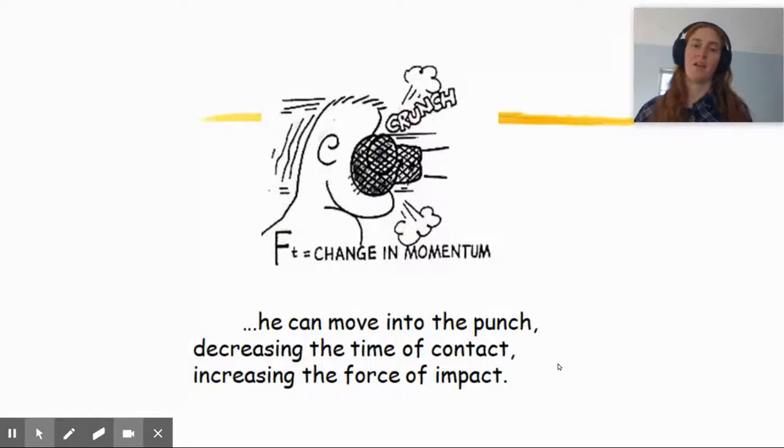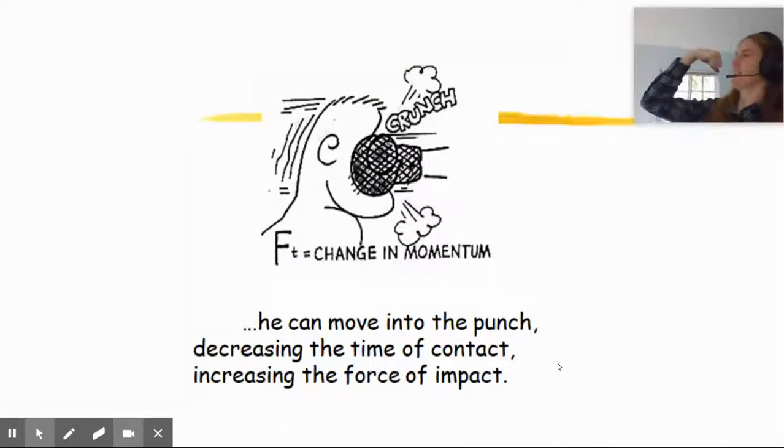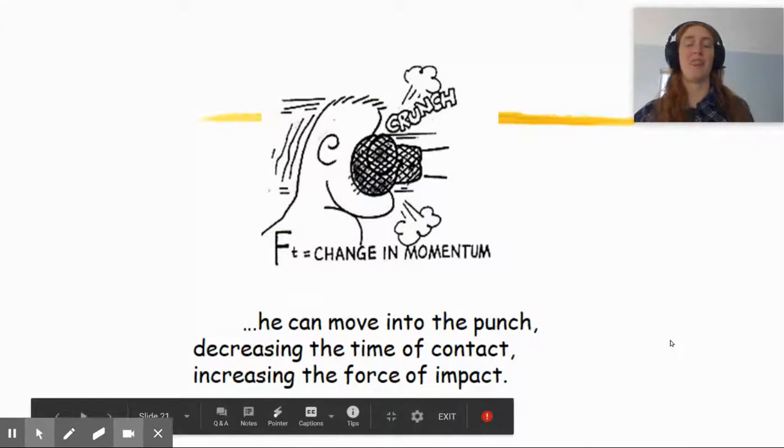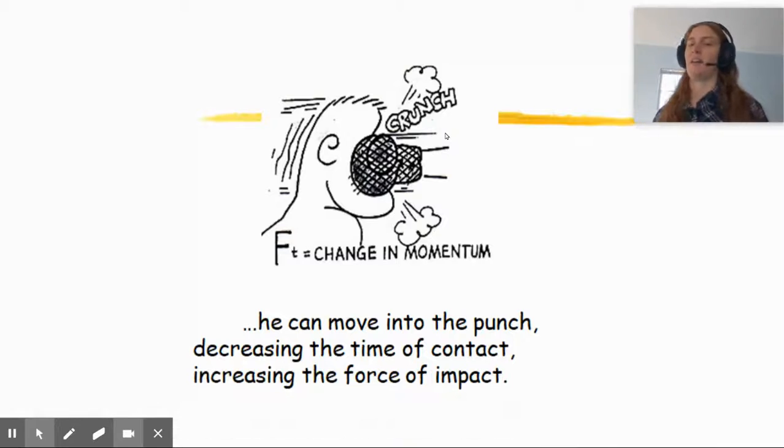Or you can lean into the punch. So if here comes the punch and I lean into it, now I'm going to have a smaller amount of time that I'm in contact with the fist, and therefore a much bigger force. This one, it makes obvious sense that this is going to hurt more than if you follow through with the punch.